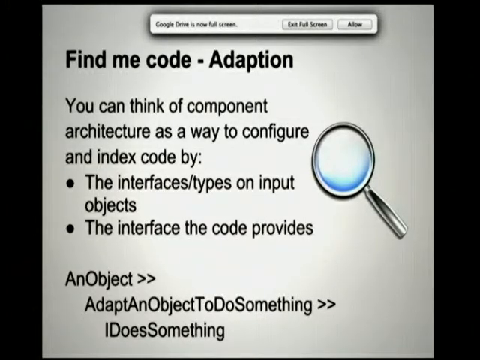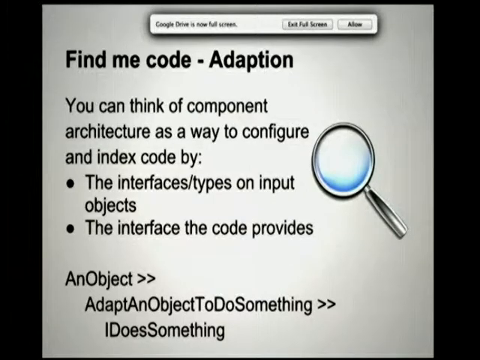So here, this is the basic adaption pattern, or the basic pattern of component architecture. You have an object, and then on the other side you want an interface that does something, and then in between you get an adapter that changes that object into that thing that you want to do. So that's the diagram down the bottom there. And that adapter there is essentially what you want to be querying your component architecture for.